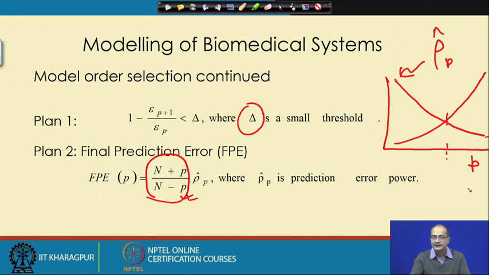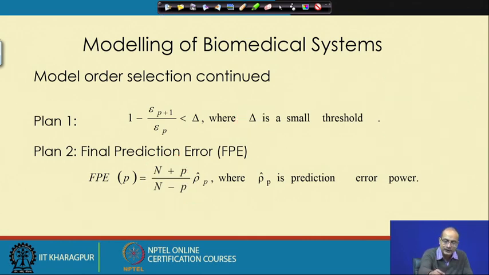Both these techniques are empirical and have less theoretical background.